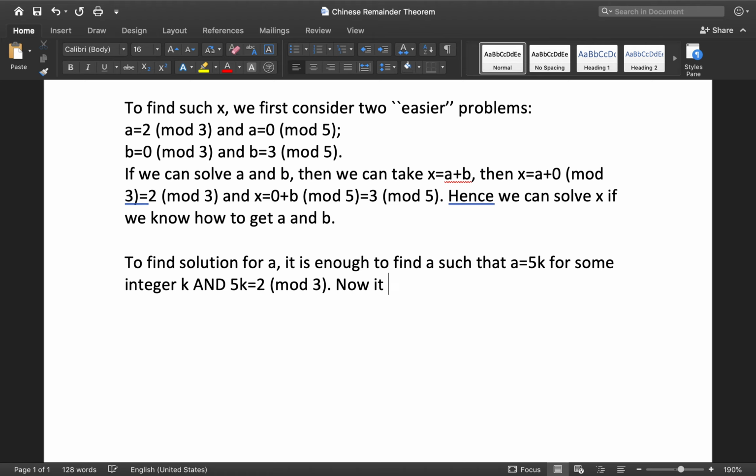Or I should say it now reduces to solving k from this equation. Once you know that k, then you can take a equal to 5k. Now you have so many different methods to get that k, because it's just one equation.